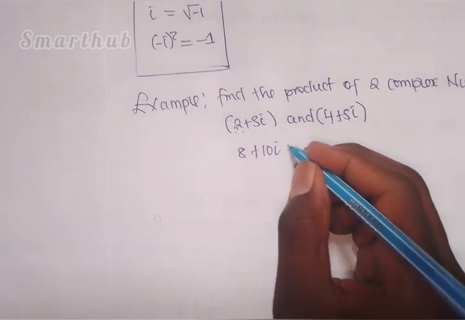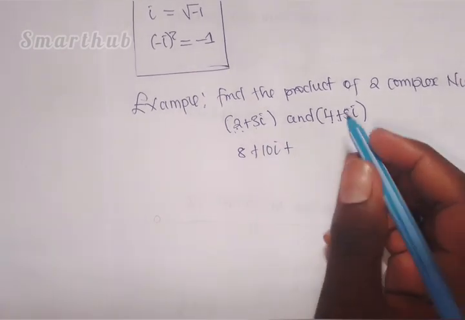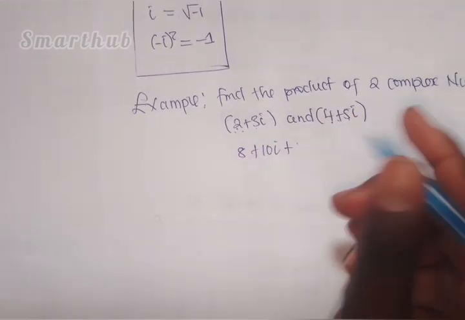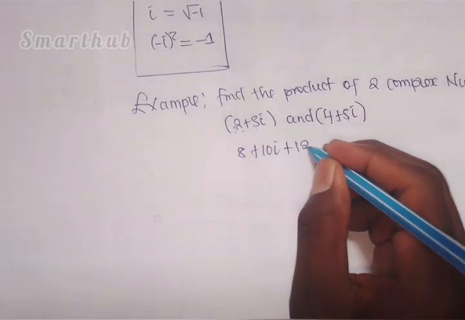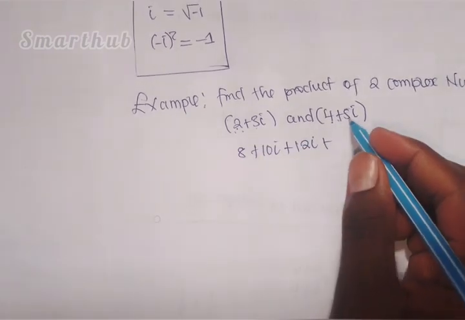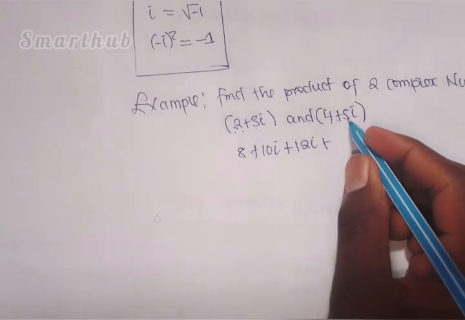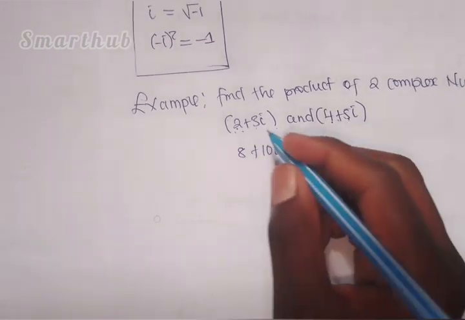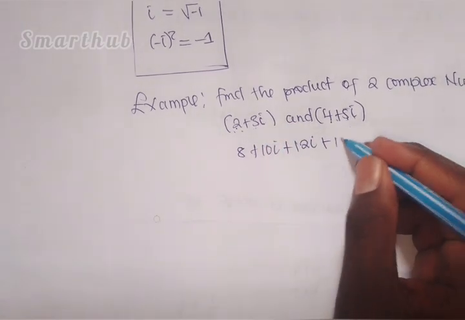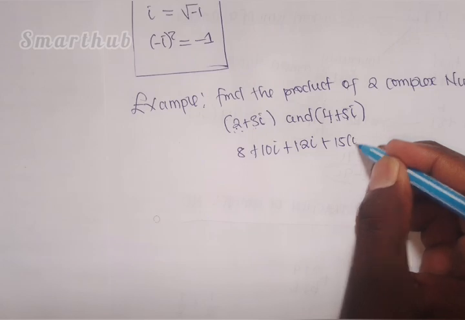Plus 3 times 4 is 12, so here you expand, it's 12i, plus 3 times 5. This one is having i, even this one is having i, so we're going to have 15i squared.